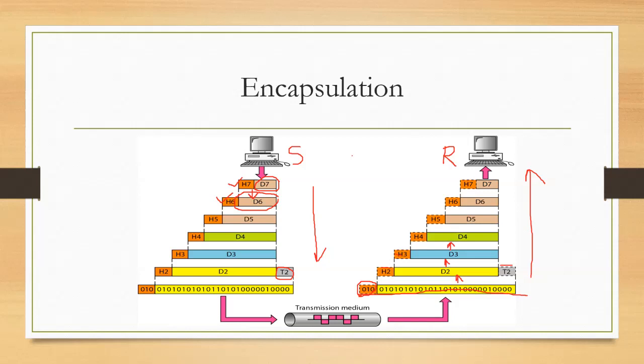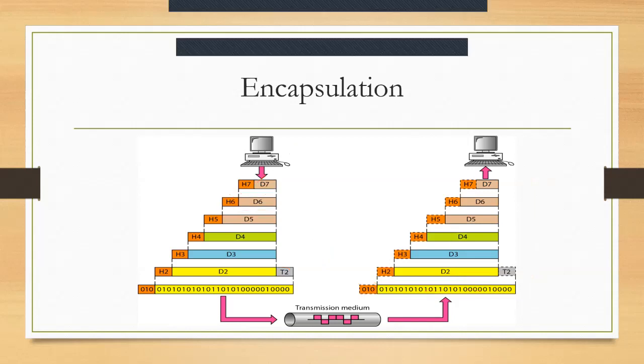I hope the idea is clear. Let me summarize. At the sender, we have encapsulation: the protocol layer attaches its own header to the data, and then that encapsulated data is given to the lower layer.